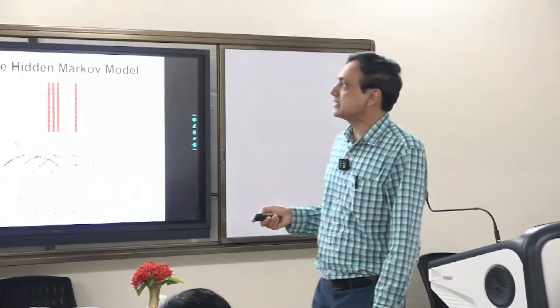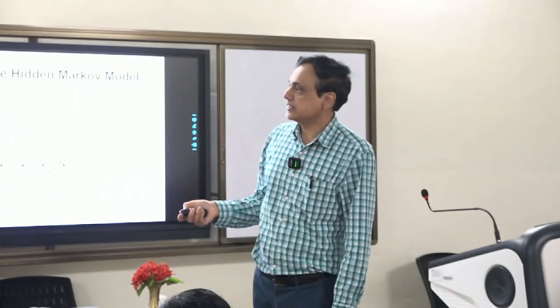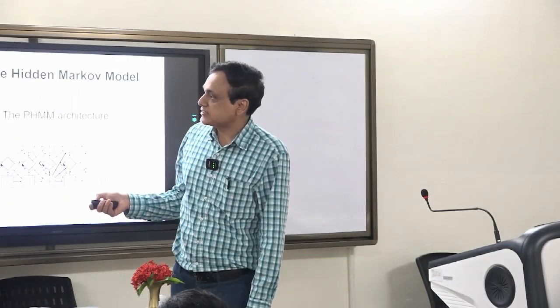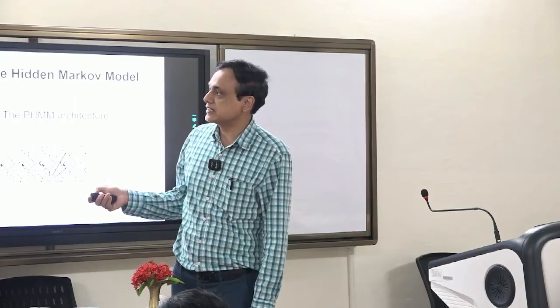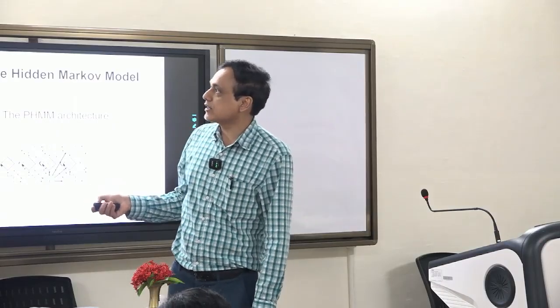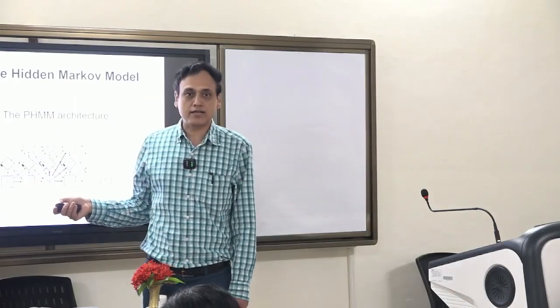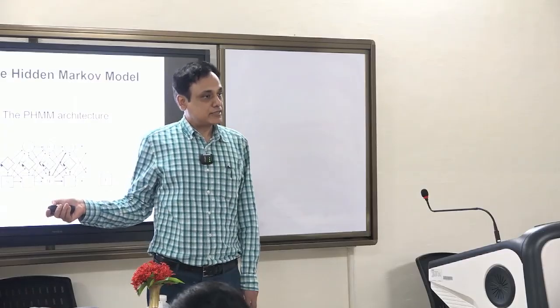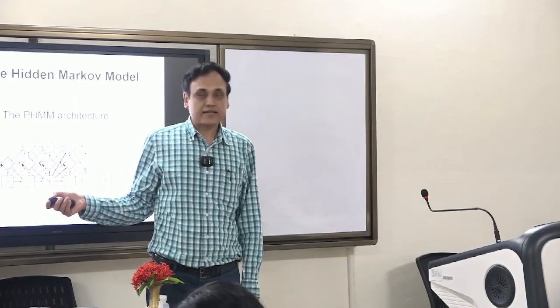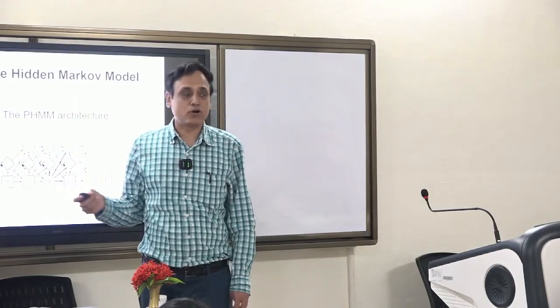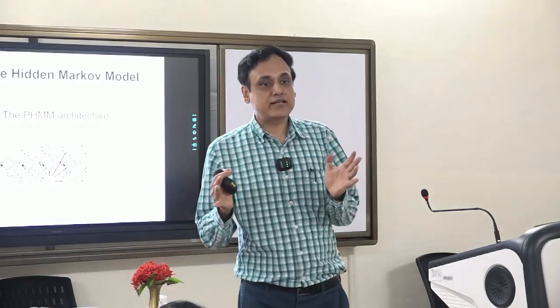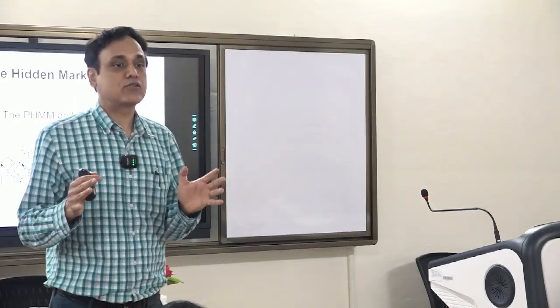Okay. So, now you integrate all these three, the match states, the insertion states and the deletion states. This is the hidden Markov model for multiple alignment. Okay? And this is called profile hidden Markov model because multiple alignment of sequences is often called profile.